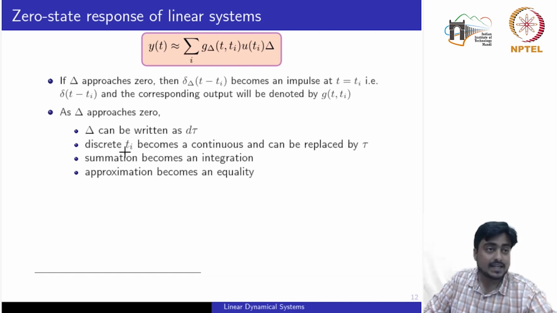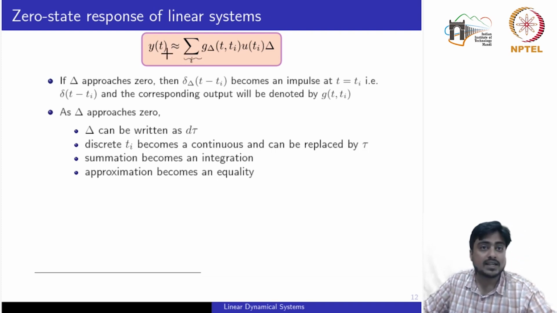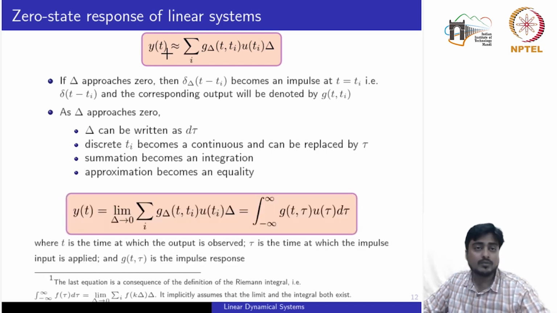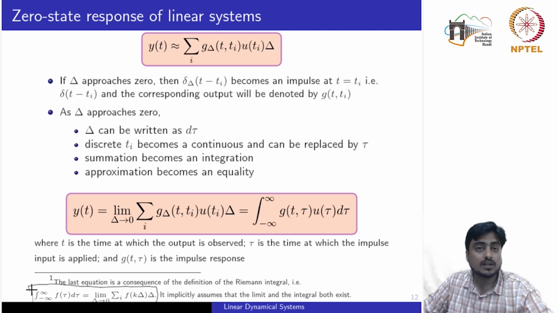Now all the discrete time instants ti would become continuous and can be replaced by the variable tau. This summation would become an integral, and this approximation in that case would become an equality. This concept is obtained from the Riemann integral, owing to this equation which defines the Riemann integral.